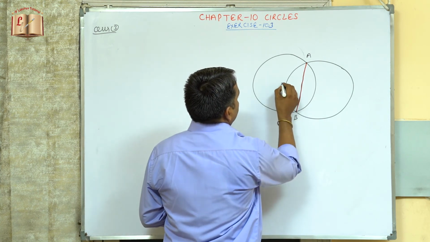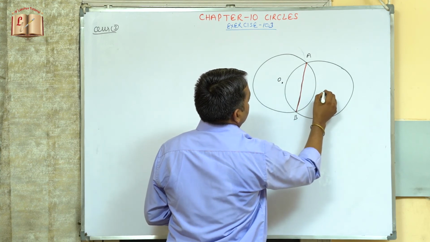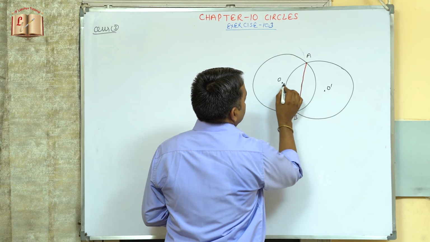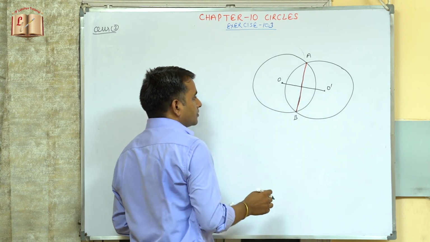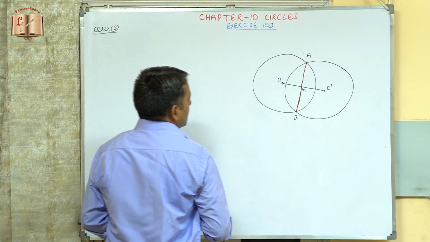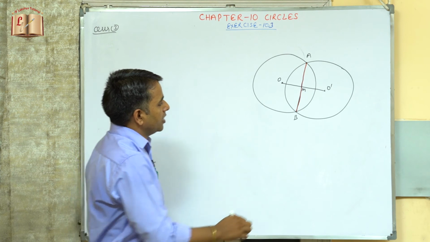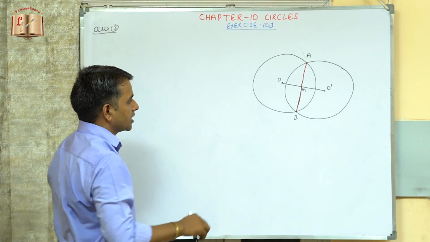Suppose this is center O for the first one and this is the center O dash for the second. Now if we join these two centers, this is point M. Now we need to prove that the perpendicular bisector of this chord passes through the centers of the circles.